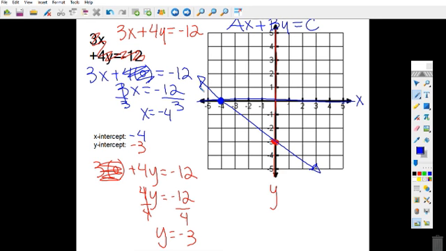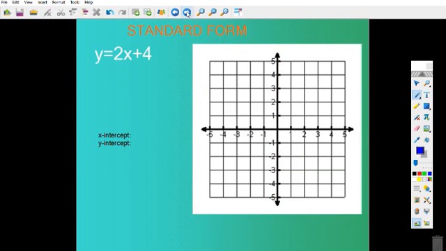Now, we need to do an example like this one because this is not in the correct form. This is not in standard form, so we have to change it into standard form, then find our intercepts, then graph it. Okay? So this one's a little tricky. It's not really hard, it just takes a few more steps. Okay?